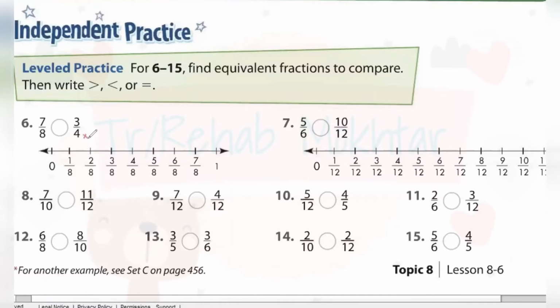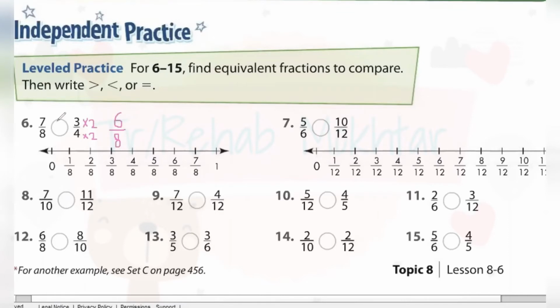Multiply by 2, and here multiply by 2. So the new fraction will be 3 times 2 equals 6, 4 times 2 equals 8.